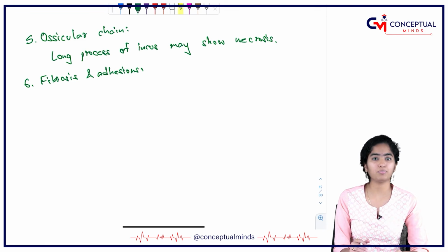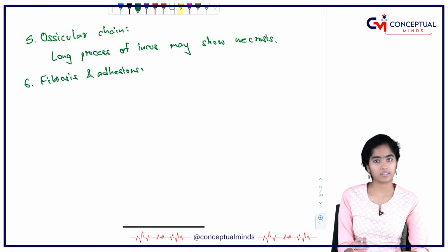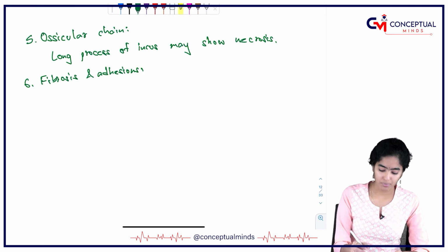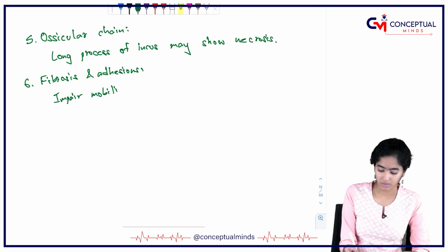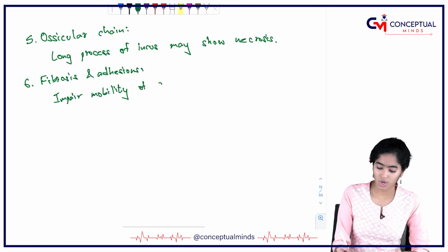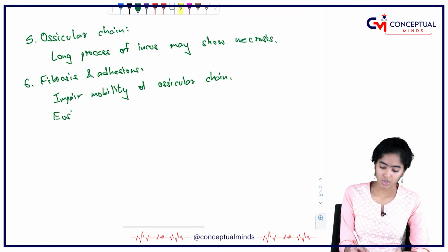It can impair the mobility of the ossicular chain, or it can cause a eustachian tube blockage. Ultimately, it's detrimental for hearing of the patient. So, fibrosis and adhesions could impair the mobility of ossicular chain. It can also cause eustachian tube blockage.